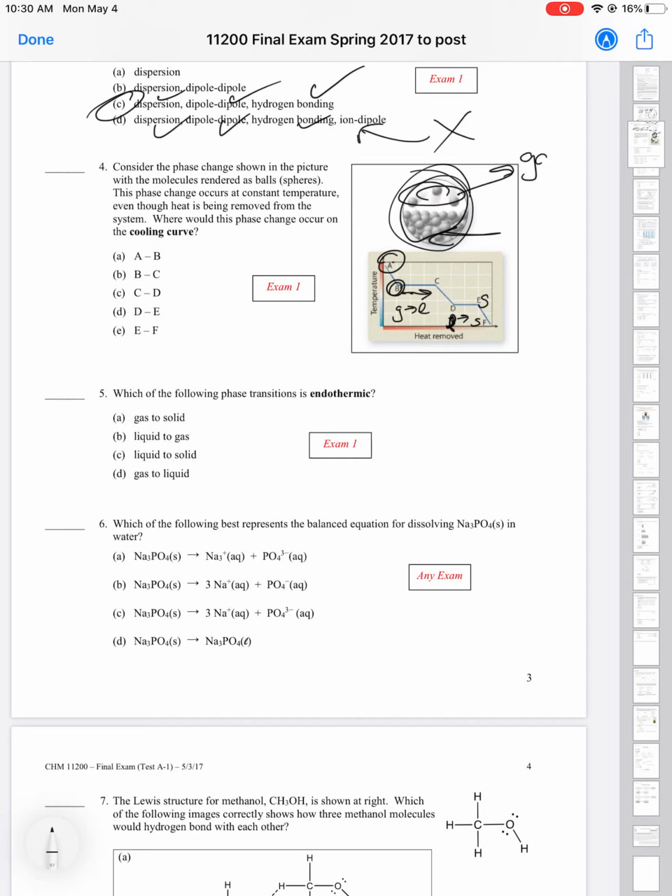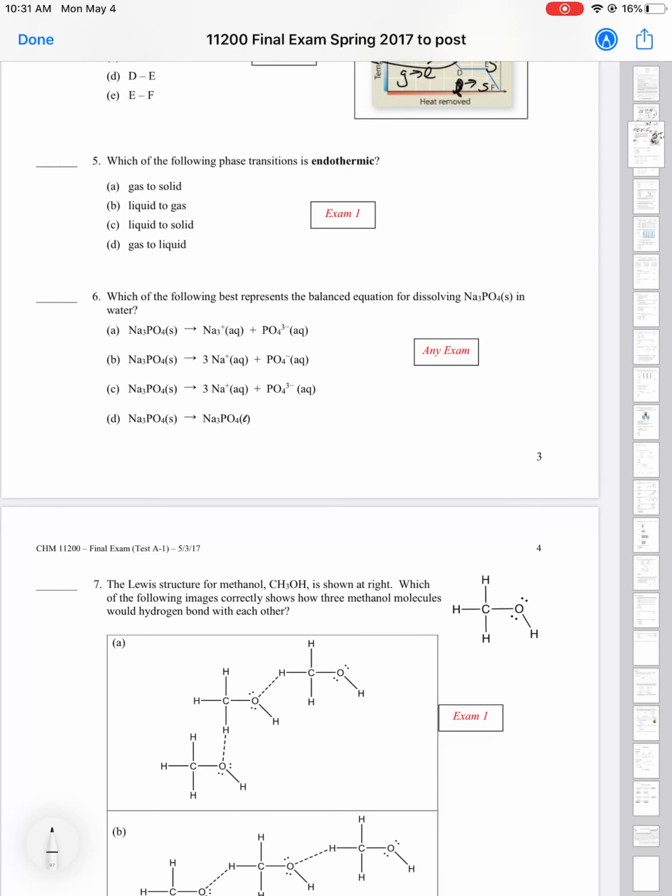This is a gas phase, right? So this must not be solid. This must be a liquid phase, right? Because in this temperature diagram, we're not going from liquid to solid. We're going from gas to liquid. Gas to solid is like sublimation, and in the temperature diagrams, that doesn't happen, I guess. So we're going from a gas to a liquid. So where would the phase change occur? Gas to liquid, we decided, was B to C. So we'll go with B.